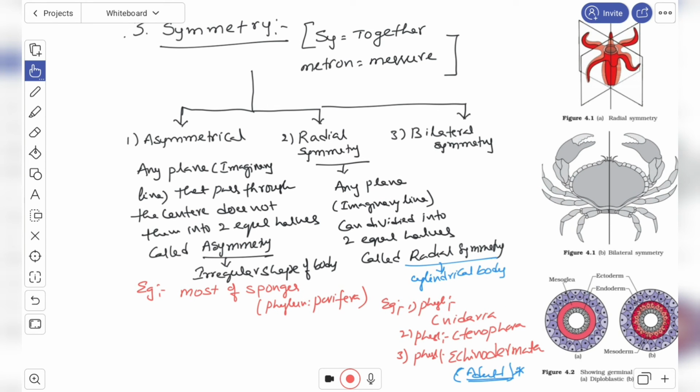The next one, the third type of symmetrical animals, is bilateral symmetry.